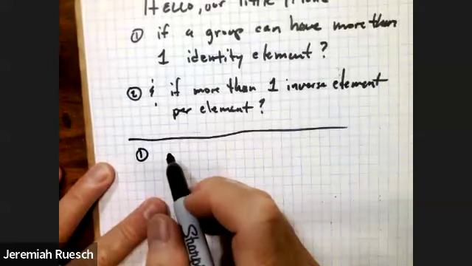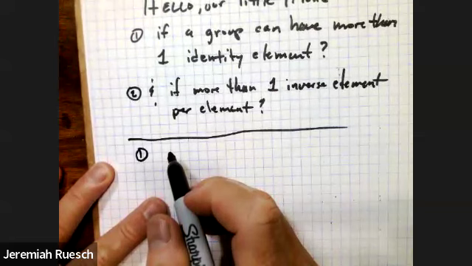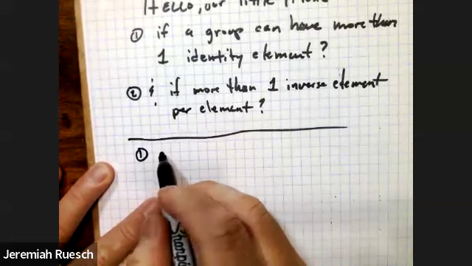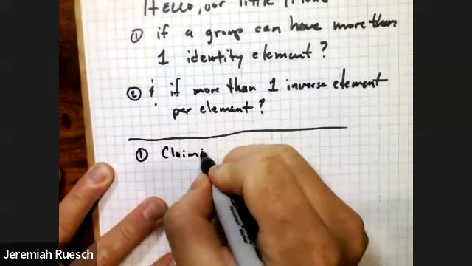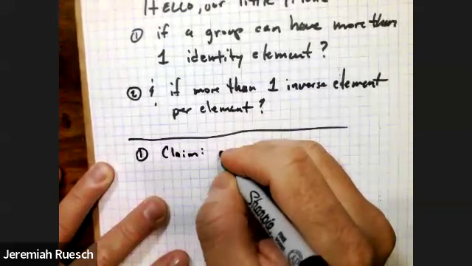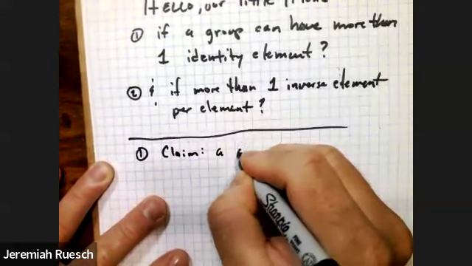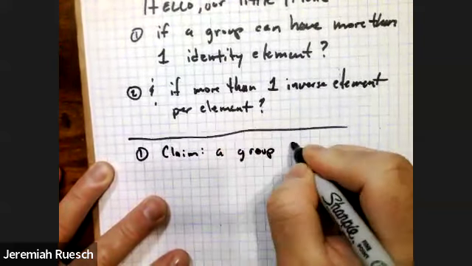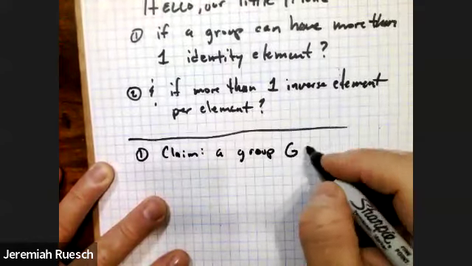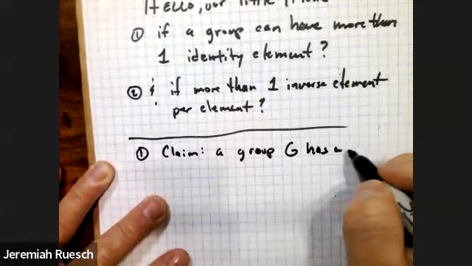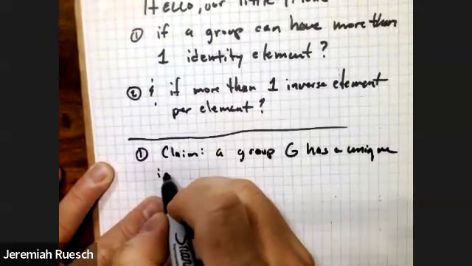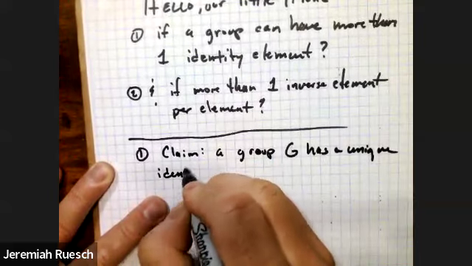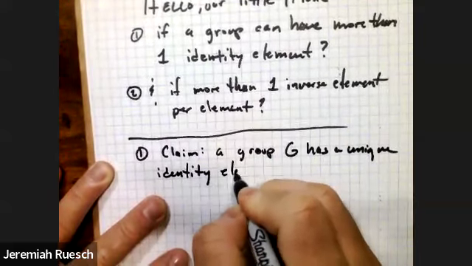So the claim is, let's say the claim: a group G has a unique identity element.